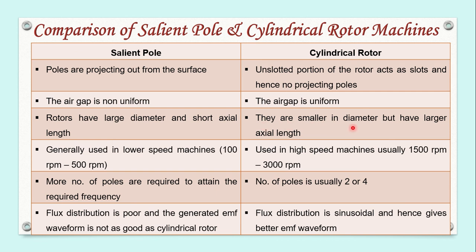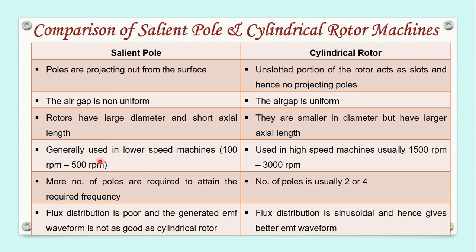They have smaller diameter and larger axial length. The next point is that salient pole machines are used in lower speed machines. For low speed applications, the salient pole machines are used, and the speed usually ranges from 100 rpm to 500 rpm. In certain cases, the speed is also shown as 100 to 1000 rpm.